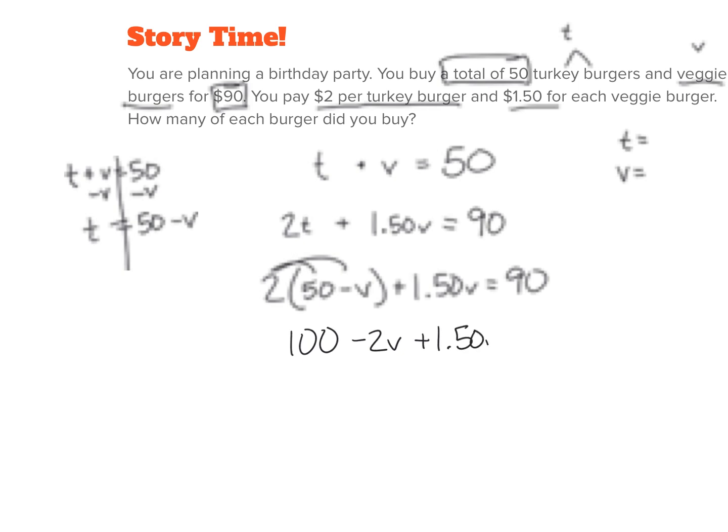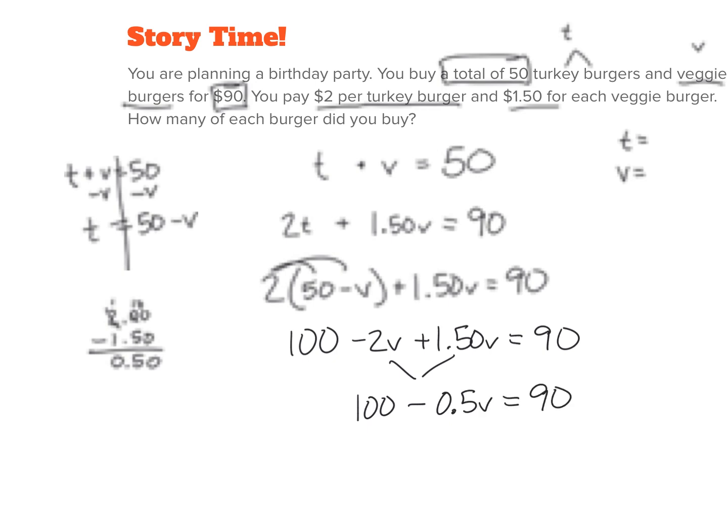Plus 1.50V is equal to 90 still. I can still combine some like terms over here. So this is going to be 100 minus, let's see, 2 minus 1.5, opposite signs fight. I'm left with 0.50. I'm just going to call it 0.5V, and that's equal to 90.